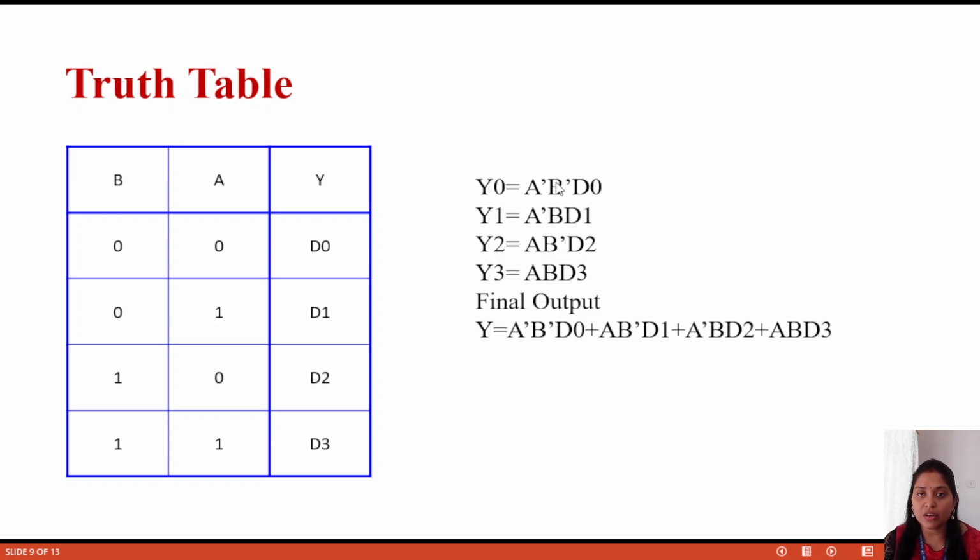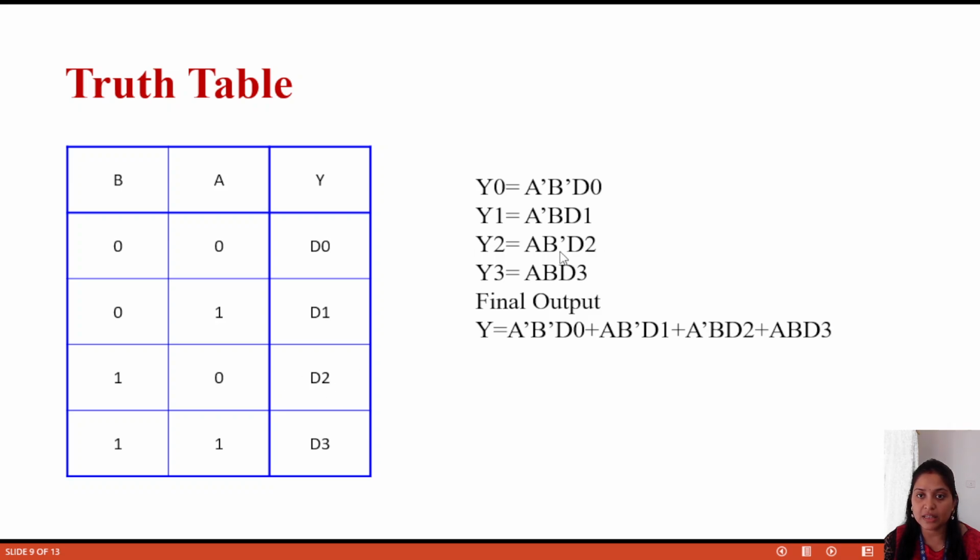Accordingly, Y0 will be A bar, B bar, D0. Y1 will be B bar, A, D1. Sorry, this will be B bar. Then Y2 is B, A bar, D2.